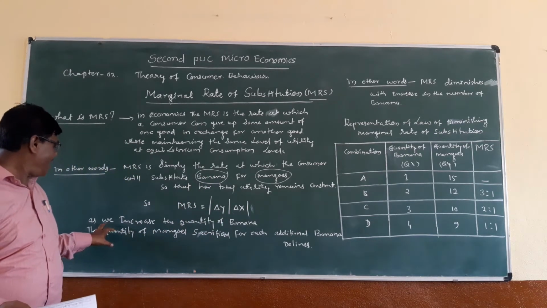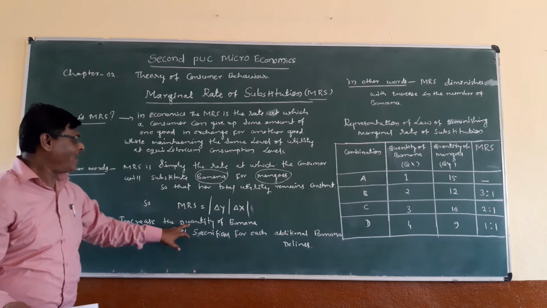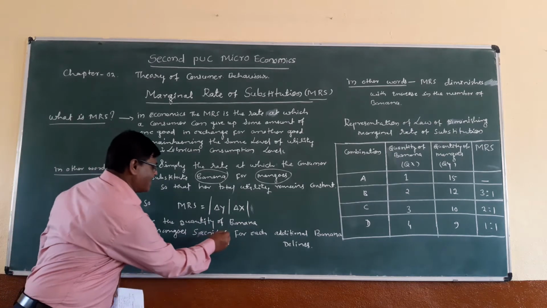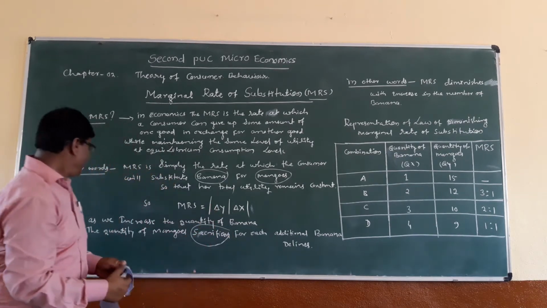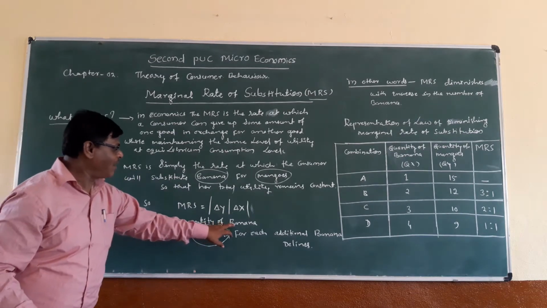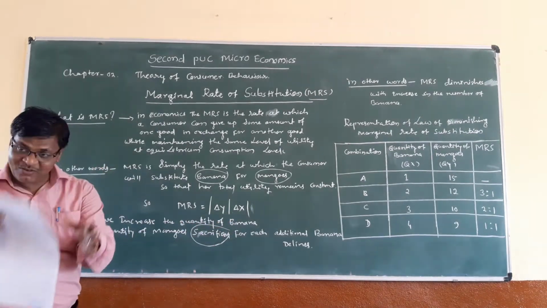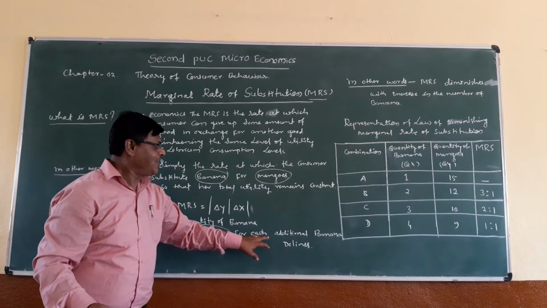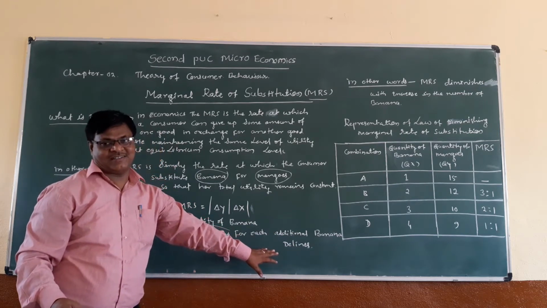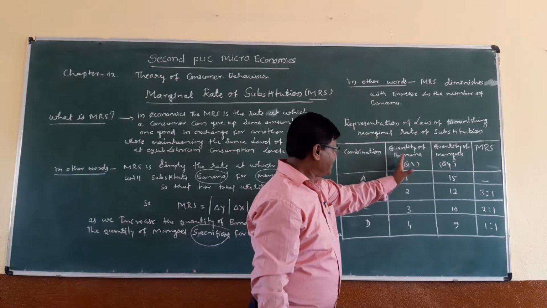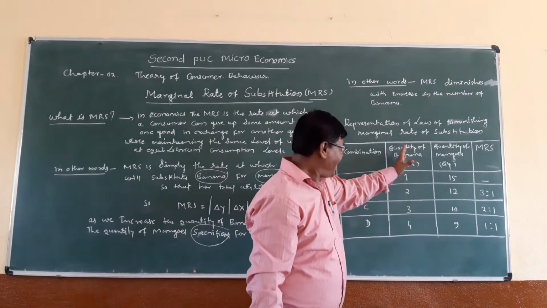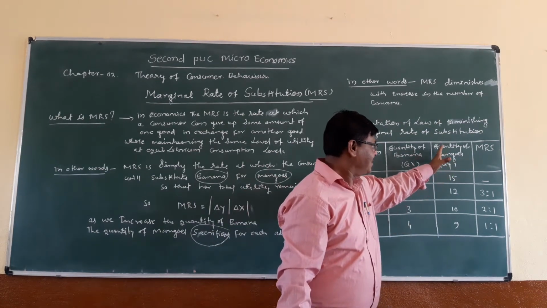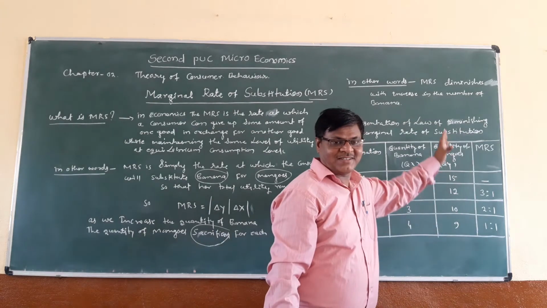As we increase the quantity of banana, the quantity of mangoes sacrificed for each additional banana declines. As we increase the number of bananas, the quantity of mangoes sacrificed falls.